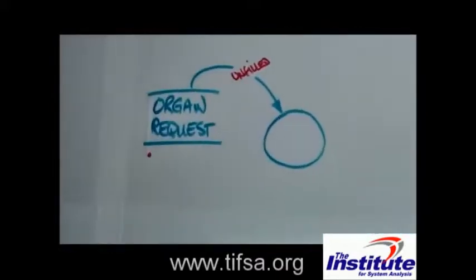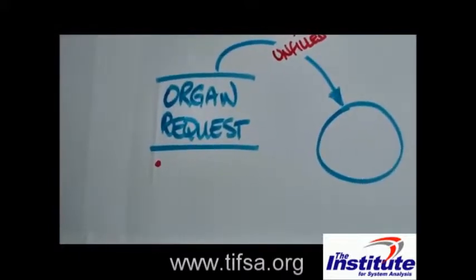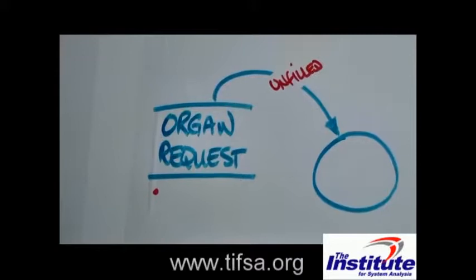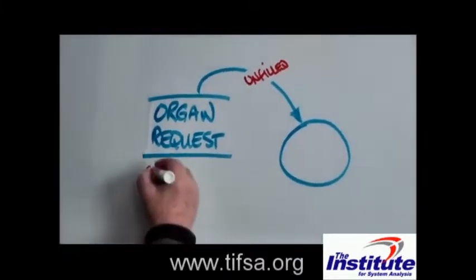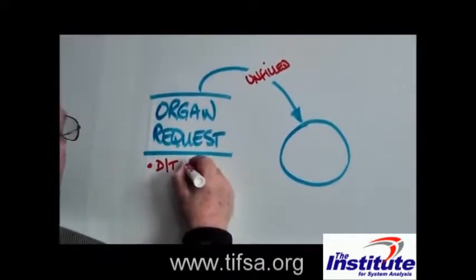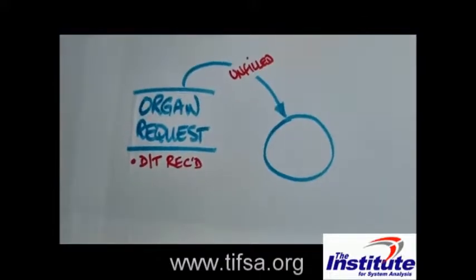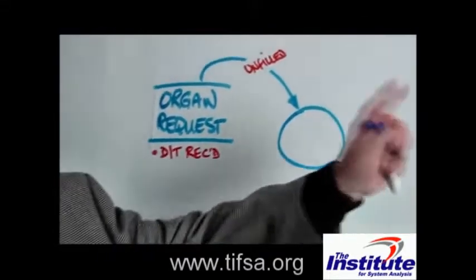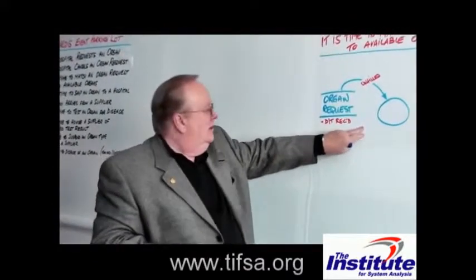We attribute the data that we find necessary to the object it best describes when we discover in the process that we need that data. And I now know that we needed to have date and time received. I don't have to discover that over there in the other process. As long as I discover it somewhere, and I've discovered the need for that data here.